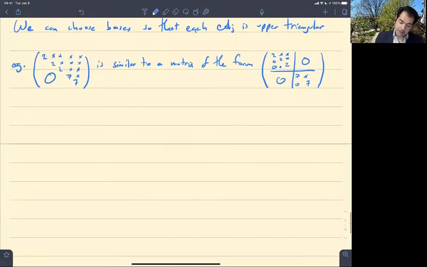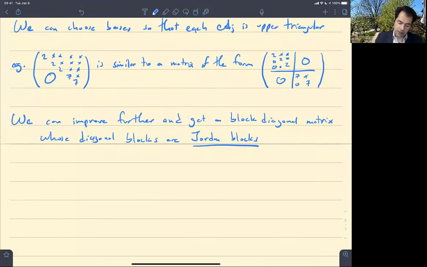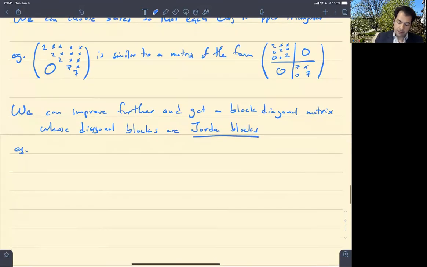We can do better. We can improve further and get a block diagonal matrix whose diagonal blocks are what are called Jordan blocks. Okay, so let me tell you what a Jordan block is.